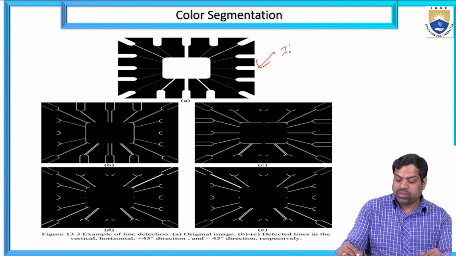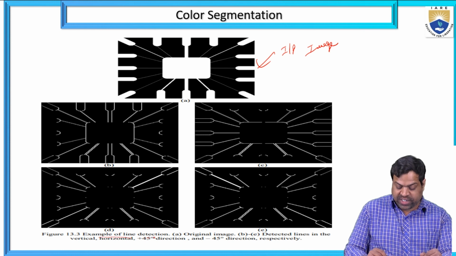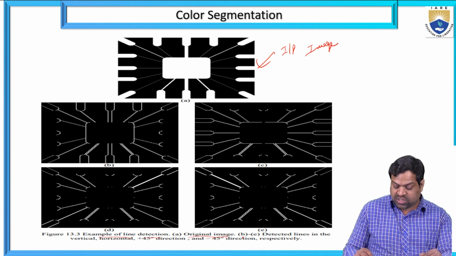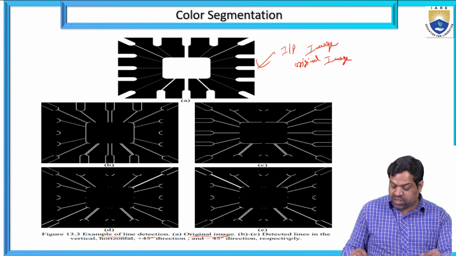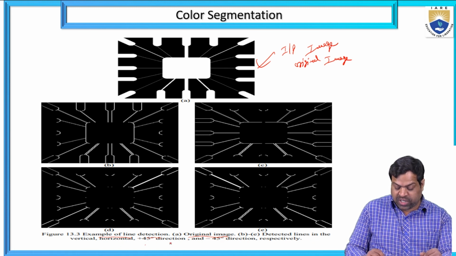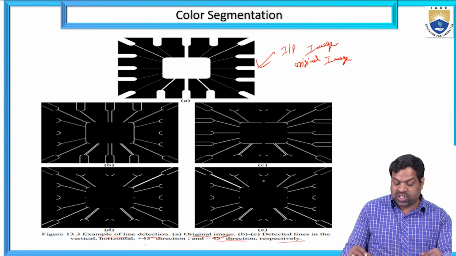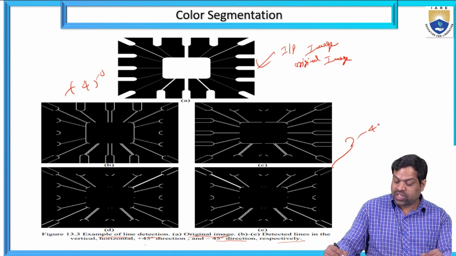It is the input image. So, example of line detection: the original image is the input image. What is happening here? Detecting the lines in the vertical, horizontal, and +45 to -45 directions respectively.